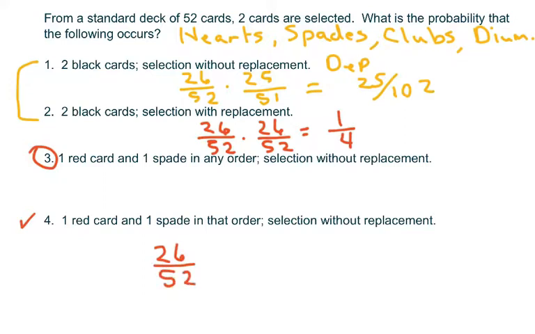We don't put the cards back in. It's without replacement. So that's going to be over 51. And how many spades? The spades are not red, so that part is independent. And there's 13 spades. Then we multiply that across. You get 13 over 102.